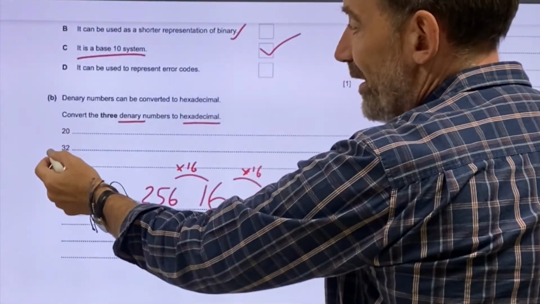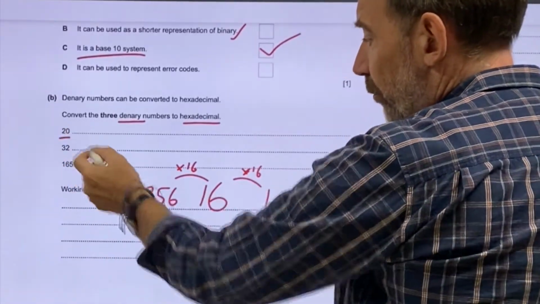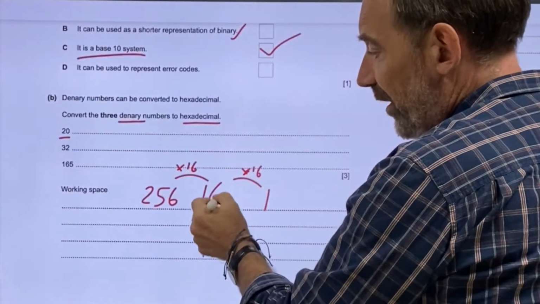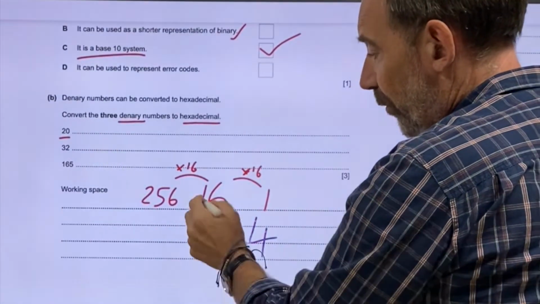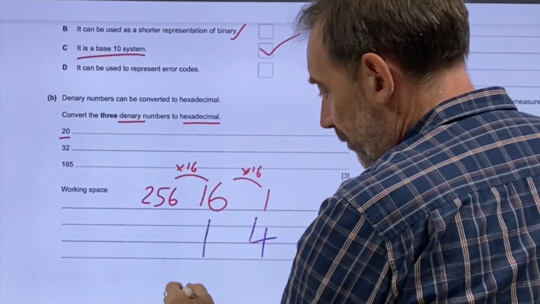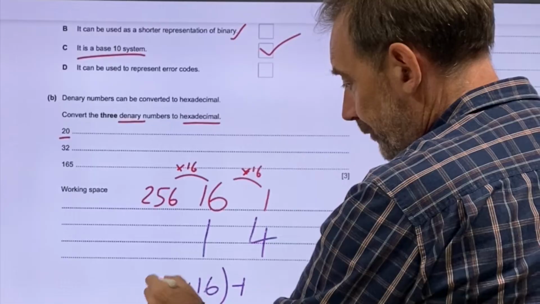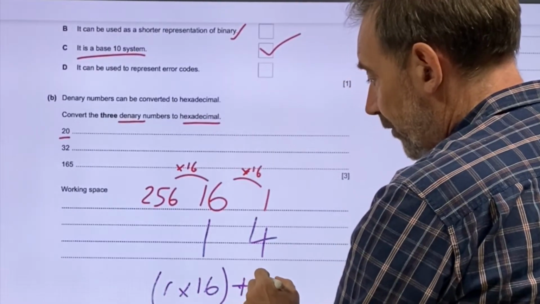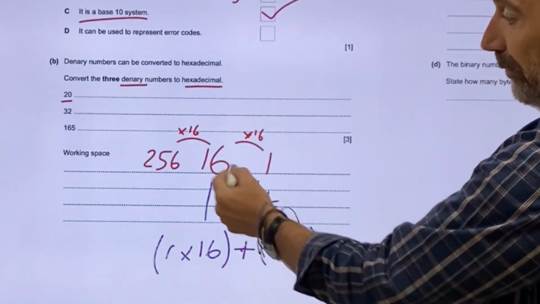So, for example, 20 would be one lot of 16 and 4 left over. So 1 times 16 plus 4 times 1. So that's how we'd do that.